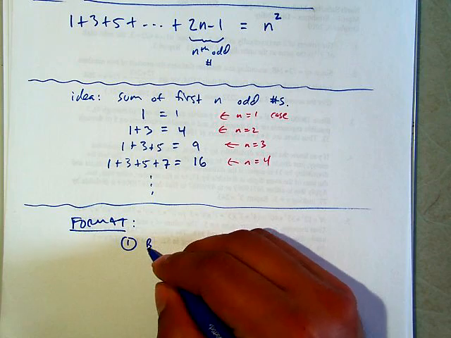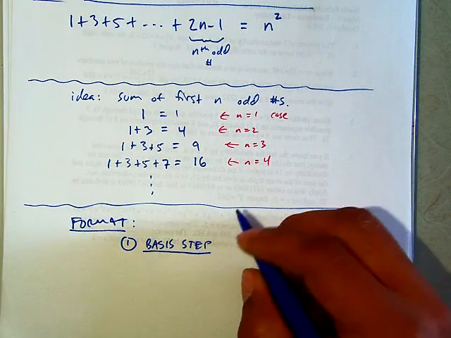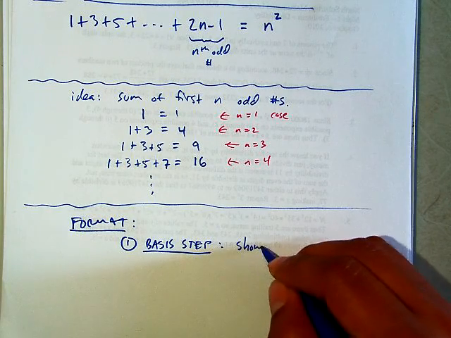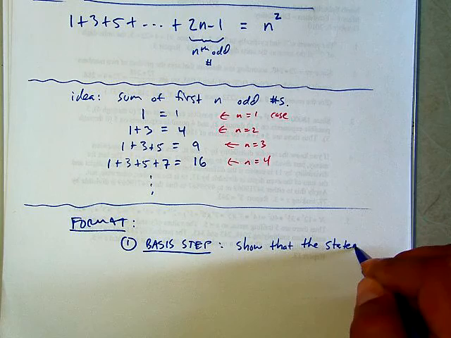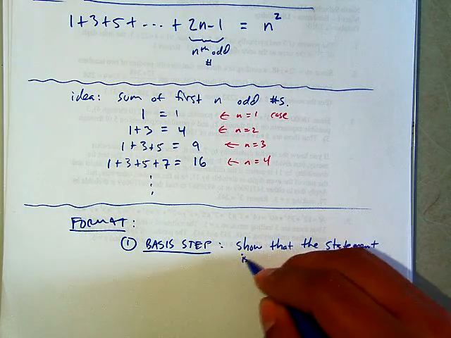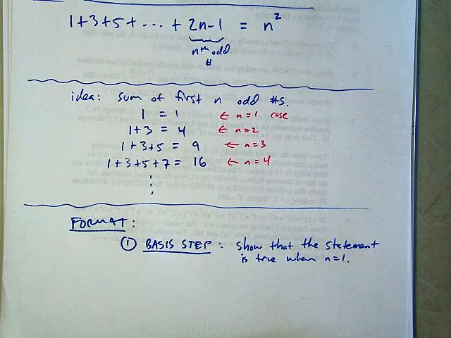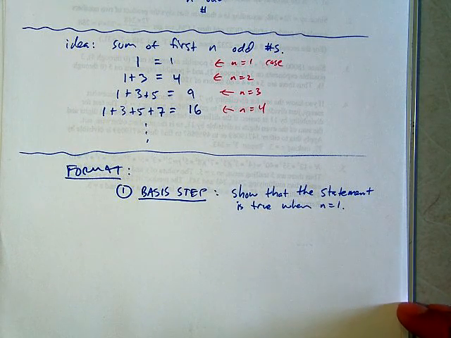The first step is called the basis step. And for this, all you're going to do is show that the statement is true when n equals 1. Basically, the first case.